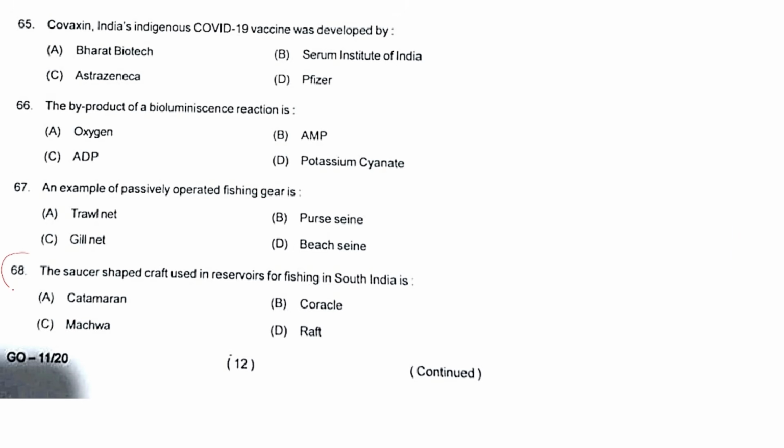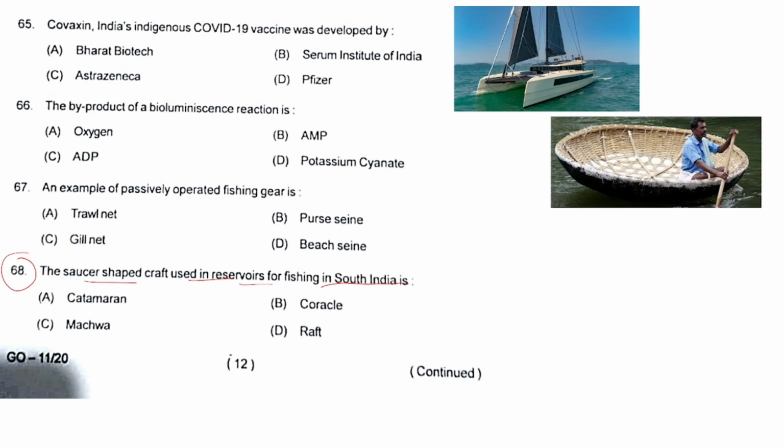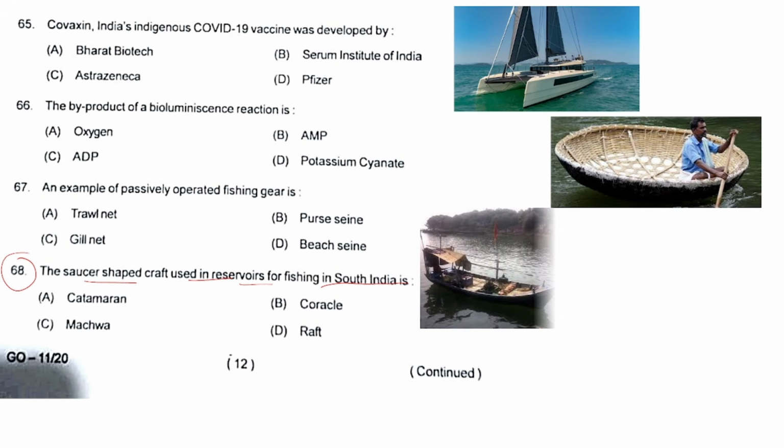Okay, next question, question number 68. The saucer shaped craft used in reservoirs for fishing in South India is. Most of the people don't know. Let me show you the diagram of each and every type of fishing craft. Option A, which is the catamaran, looks like this. Option B is coracle. This is looking like this. Then option C is your machua.